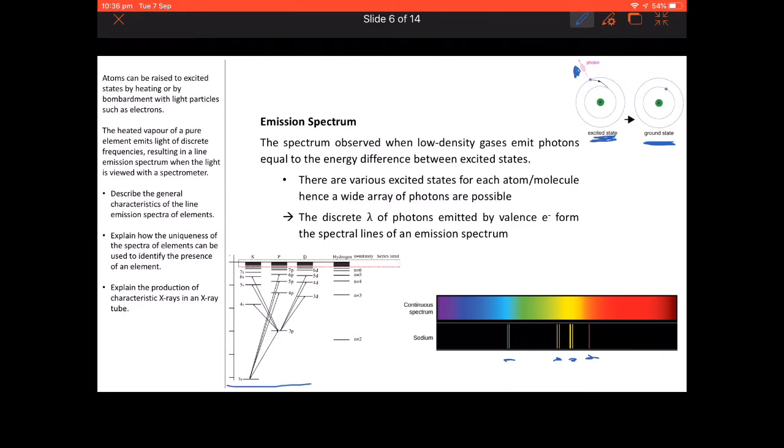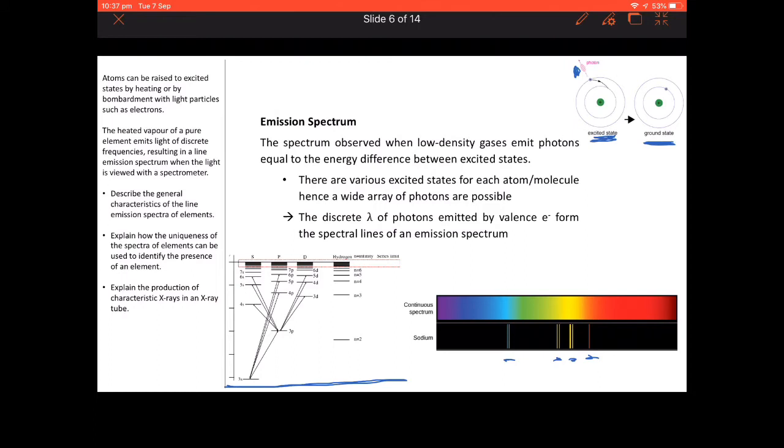This graphic here highlights that there are different jumps that can be made between different energy levels, and these different jumps are responsible for the different photons that might be emitted once these electrons are emitting this extra energy.